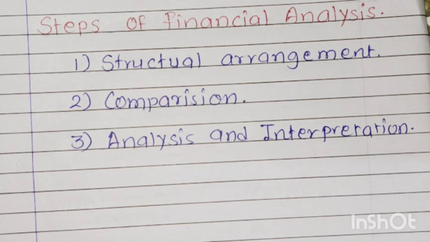Interpretation gives explanation of this relationship. Performance evaluation of a company is done on the basis of analysis and interpretation. From this evaluation, it can be ascertained whether company has good financial health or not. Different stakeholders make their decision on the basis of this analysis and interpretation.